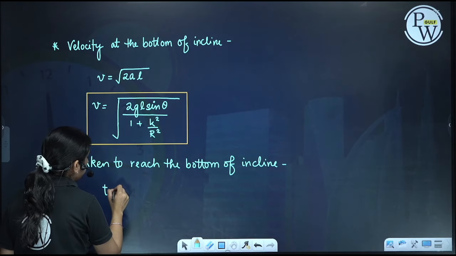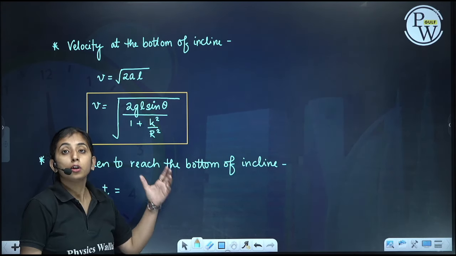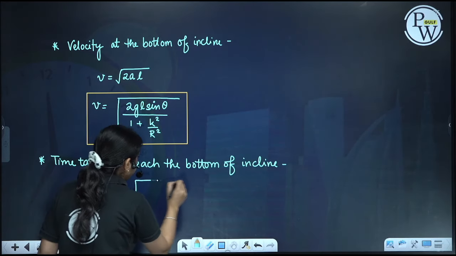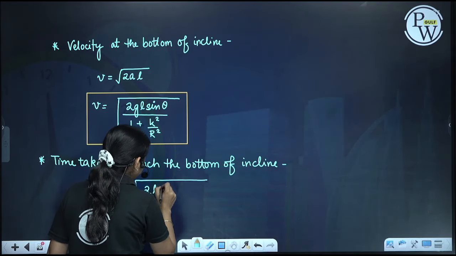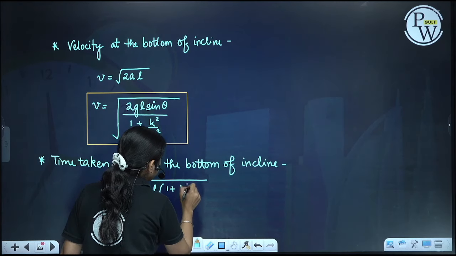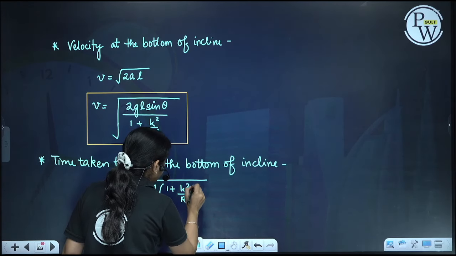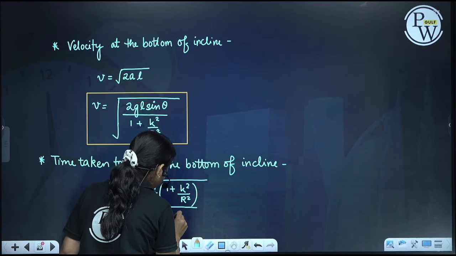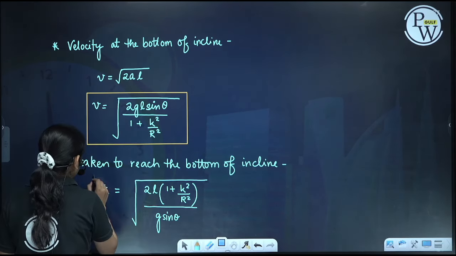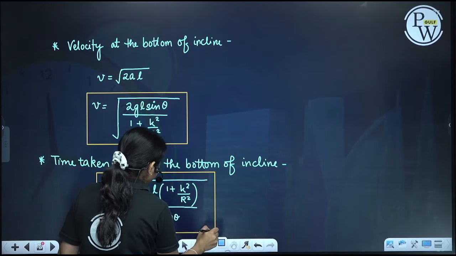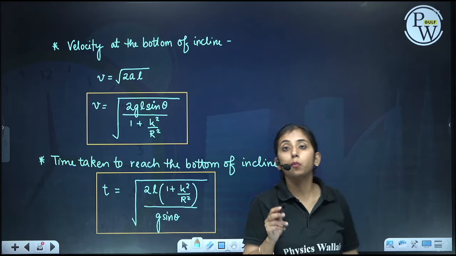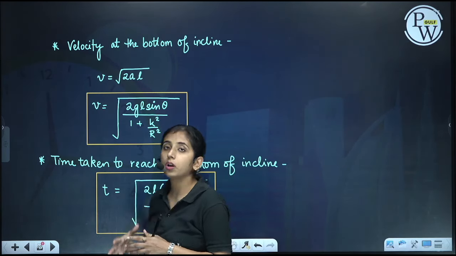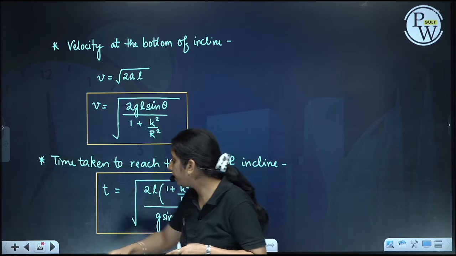T will be equal to under root of 2L by a, so it will be under root of 2L into 1 plus k square by r square divided by g sine theta. This will be the time taken by the body to reach the bottom of the incline. This is all about rolling of a body down an inclined plane.